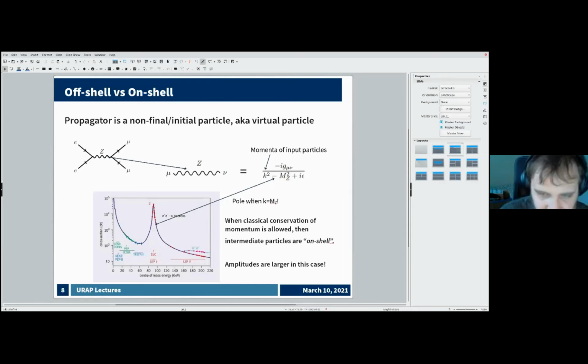And I think a very nice way of seeing this in the real world is, I would say, the most famous result from the LEP experiment. LEP was the predecessor of the Large Hadron Collider. It was in the same tunnel, but instead of colliding protons, it collided electrons.